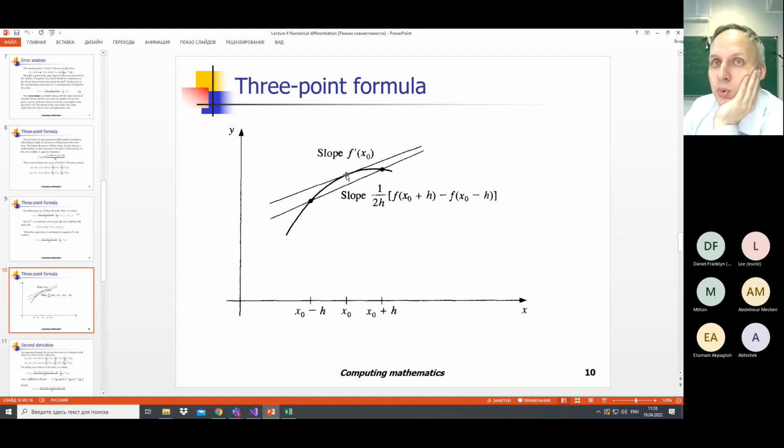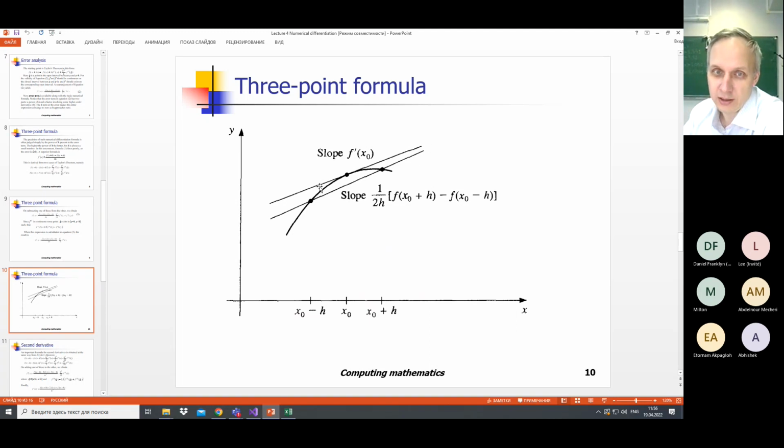This is a point x0 and the tangent line. The real value of the derivative is the slope of the tangent line. Now, let's consider the second line that passes through these 2 points, x plus h and x minus h. You see that the slope of this second line will be more or less the same as the slope of the real tangent line.